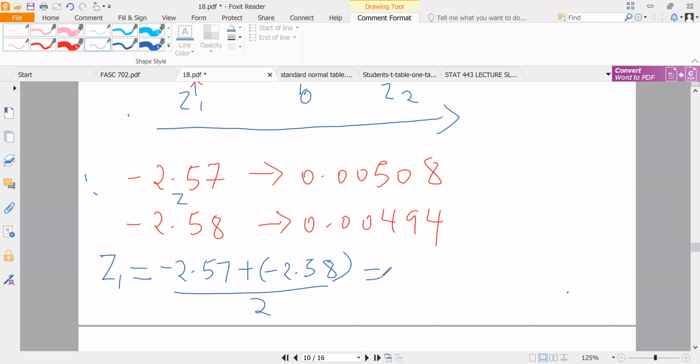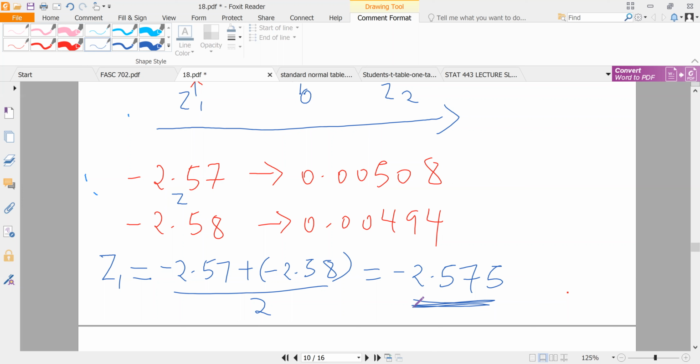And if we find this average, it is minus 2.575. We take this value as an approximate value of Z1 because it's lying between these 2 points.